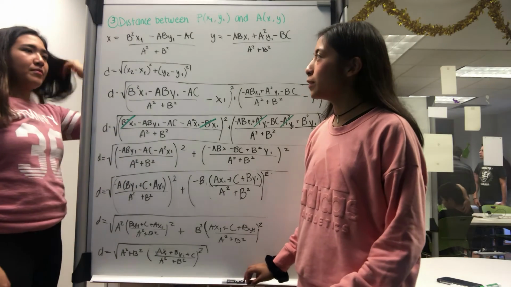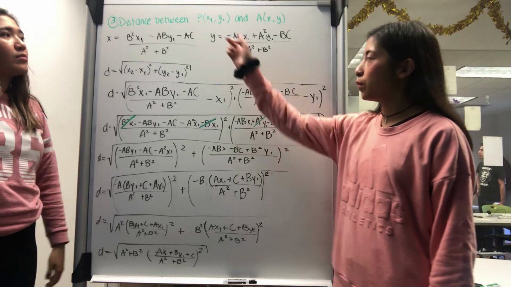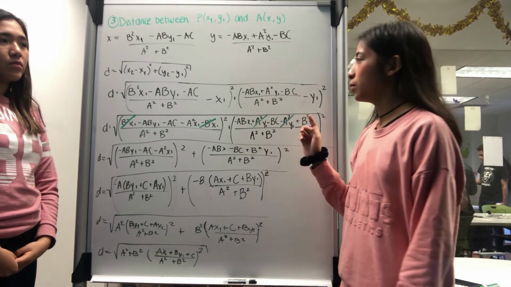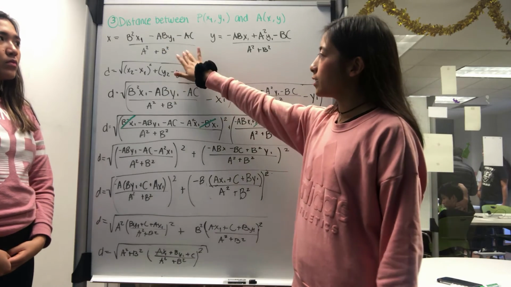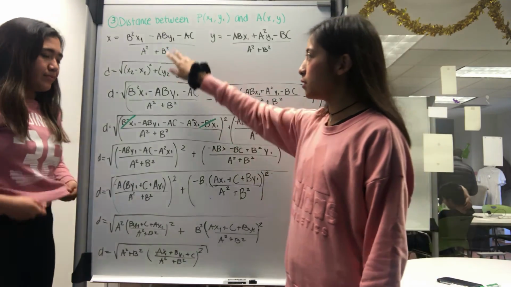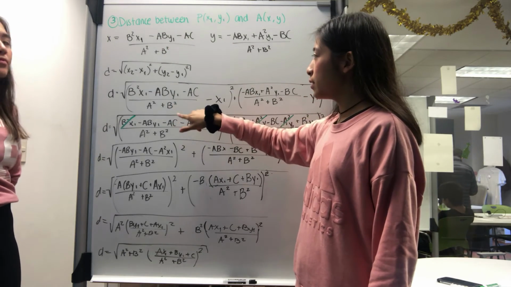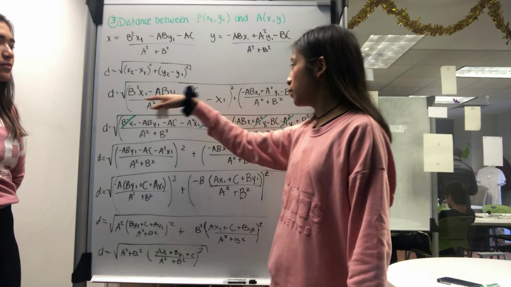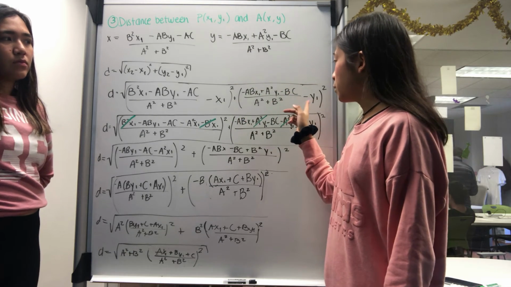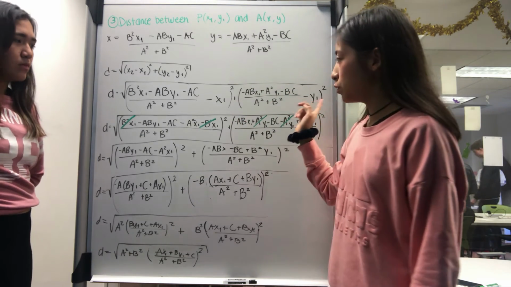Now the third step is finding the distance between point (x1, y1) and point A, which is (x, y). We know that our x is this and our y is this, so we just need to substitute. We substitute the x, which is this one, minus x1 according to the formula, all squared, and the y, which is this one, minus y1 all squared too.